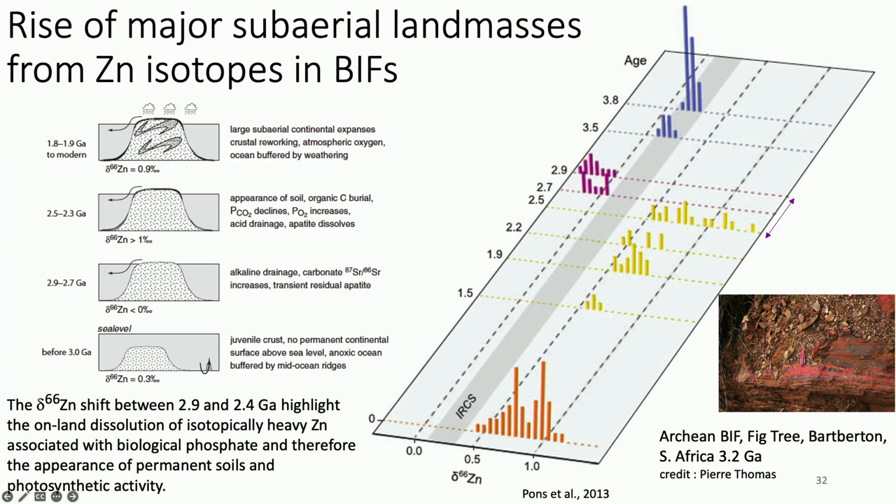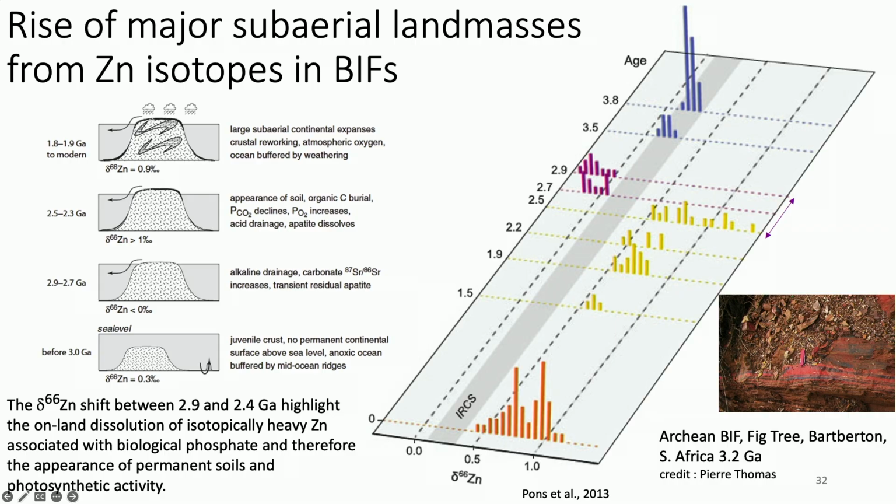There's been a huge change, and that changes here, that goes toward modern time, is consistent actually with changes in pH and other stuff. And the short message is that the signal shifts significantly between the times that I've just highlighted, and that's typical of the dissolution of the heavy zinc isotopes.